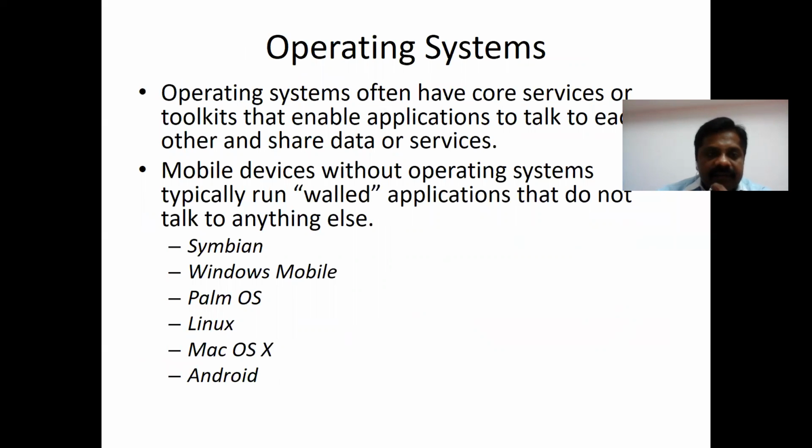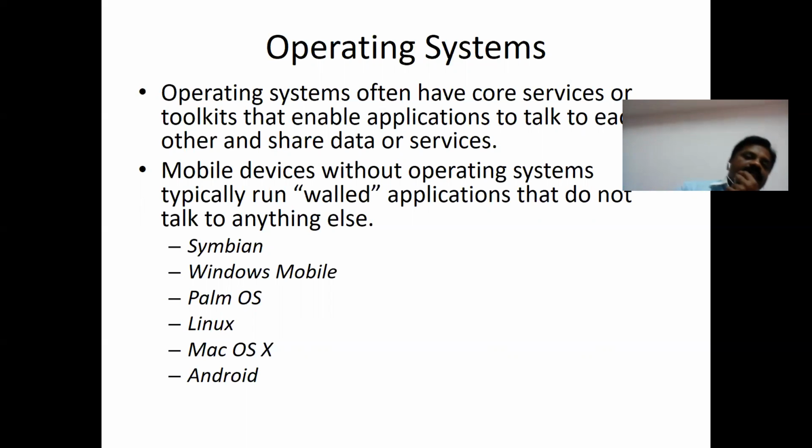Next, operating system. Operating systems often have core services or toolkits that enable applications to talk to each other and share data or services. Mobile devices without operating systems typically run walled applications that do not talk to anything else.